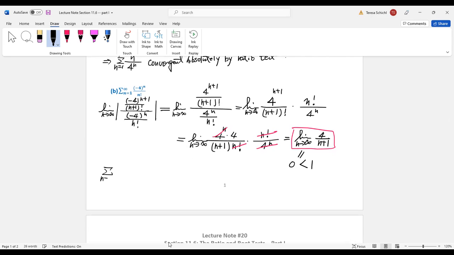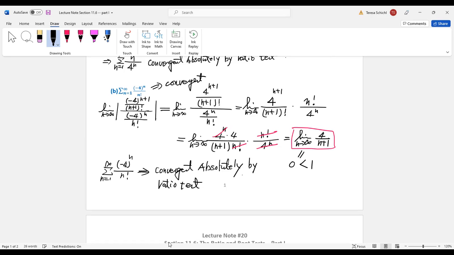The series from n equals 1 to infinity of negative 4 to the n over n factorial is convergent absolutely by the ratio test. If it's convergent absolutely, then we know this one converges, because by the theorem we learned in previous lectures, if it's absolutely convergent, then it's convergent.